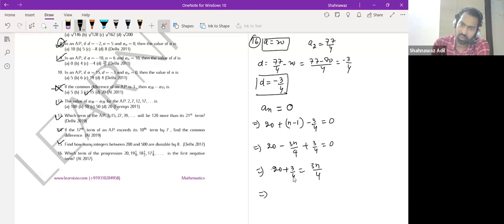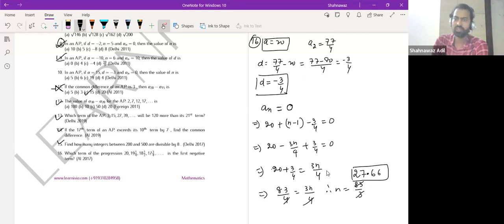This is 83 by 4 equals 3n by 4. So 4 cancels and n is 83 by 3, which is 27 point 6, so 27.66. Can this be a term?